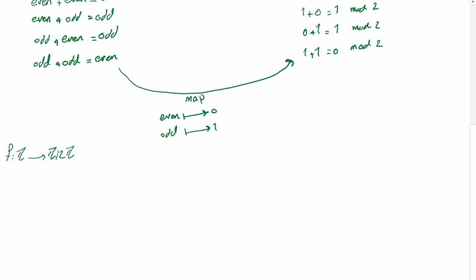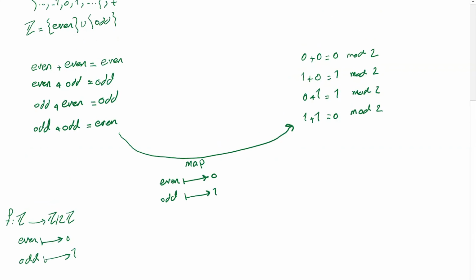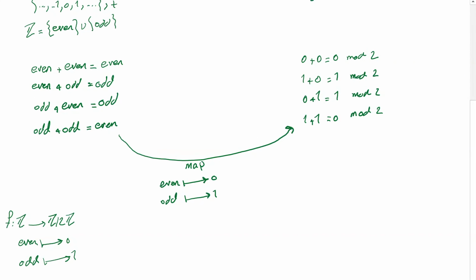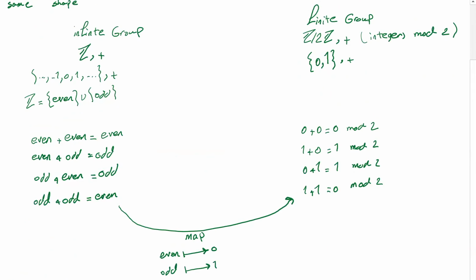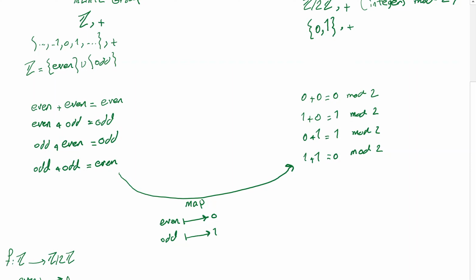If you take any even number, I'll map it to 0. And if you give me any odd number, I'll map it to 1. And that is it. So I can correlate one group to the other group, right? And that became sort of interesting. There is some similarity between these two groups in terms of the operation.